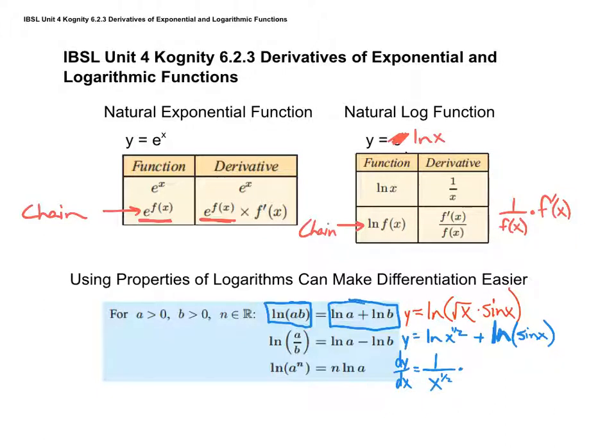Then I have to multiply by the derivative of x to the 1/2. What's the derivative of x to the 1/2? That does simplify to 1 over 2 root x.